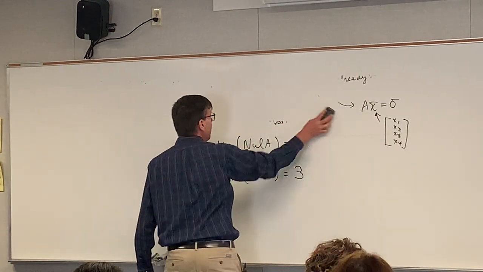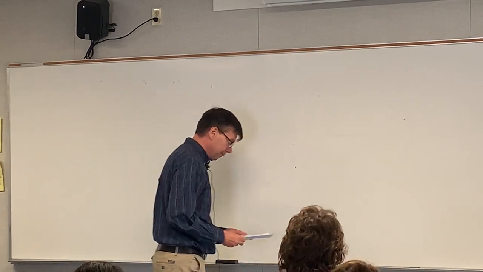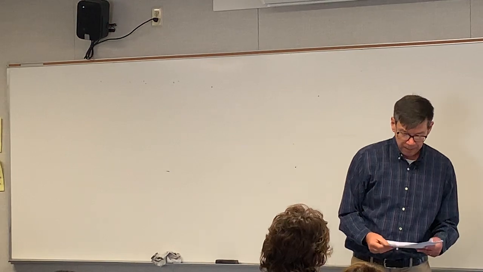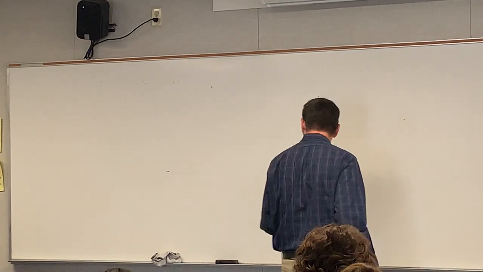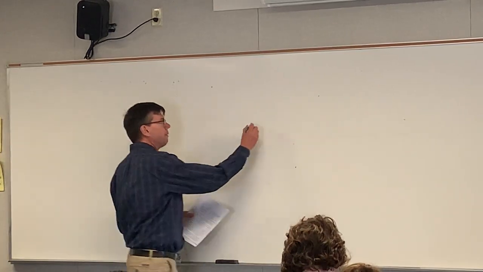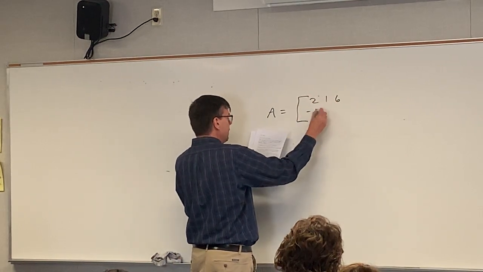So this next section starts out with the idea of the row space of a matrix. And the row space is a subspace spanned by the rows of A considered as elements of Rn. So my example that I give you guys there is 2, 1, 6 and negative 1, 5, 0.